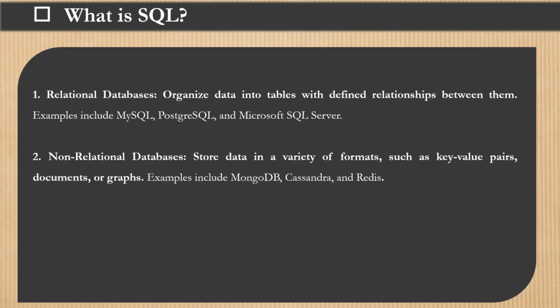And non-relational databases are the ones that store various formats such as key-value pairs, documents, and graphs. So we will not be talking about that. We'll just major on MySQL, but I still want us to understand those types so that we can get the basics of databases. Okay, let's move on.